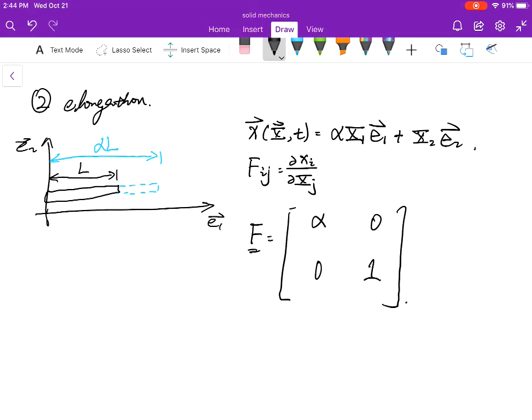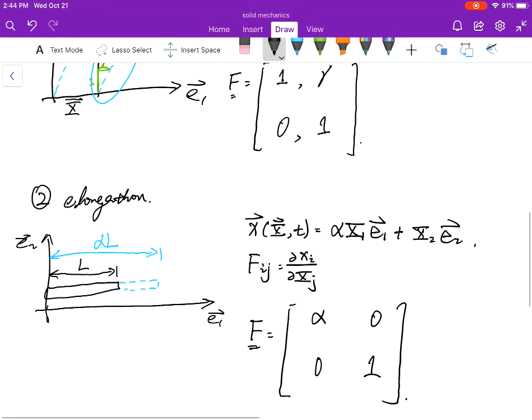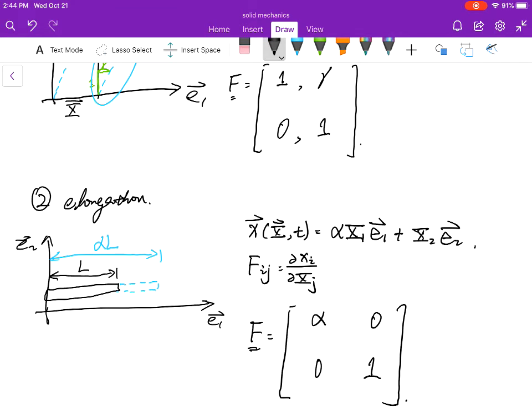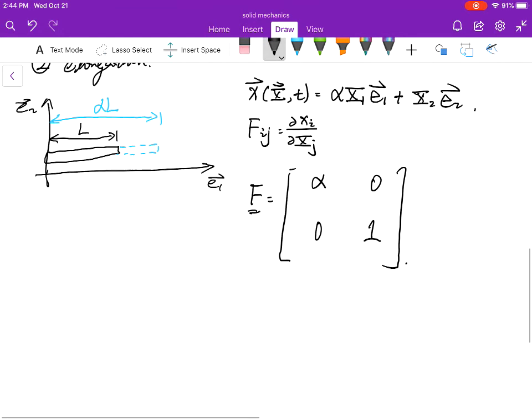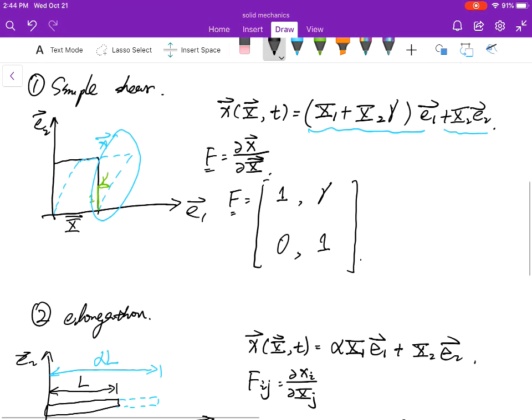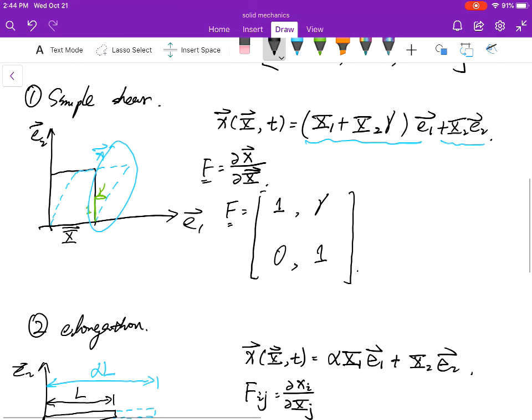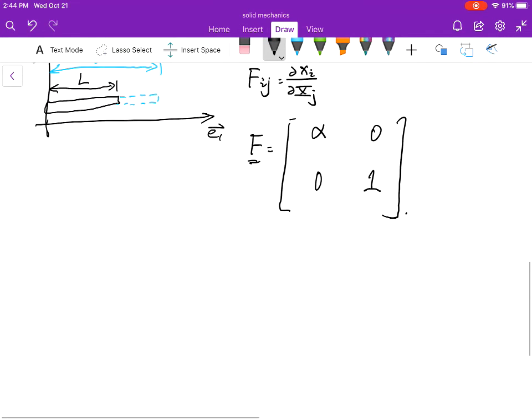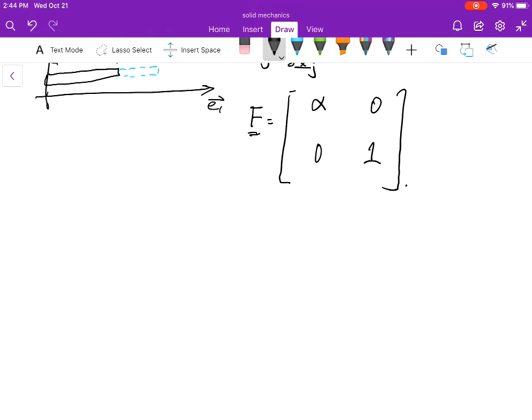So this is simply the deformation gradient for the elongation along one direction.